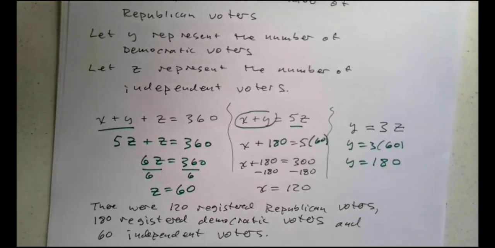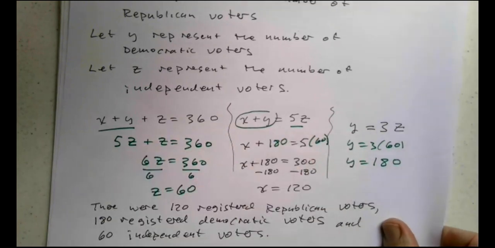So that's how I solve that using substitution. Let's look at another way we could have solved this, maybe using matrix inverses. So I want to rethink these equations and write them in matrix form to see how we can solve for x, y, and z.